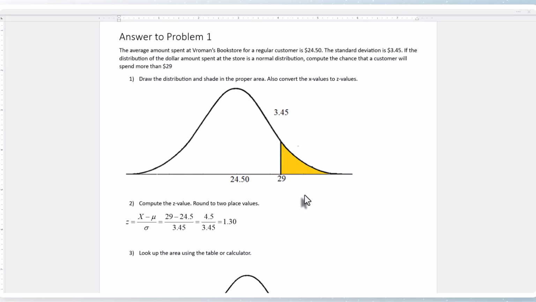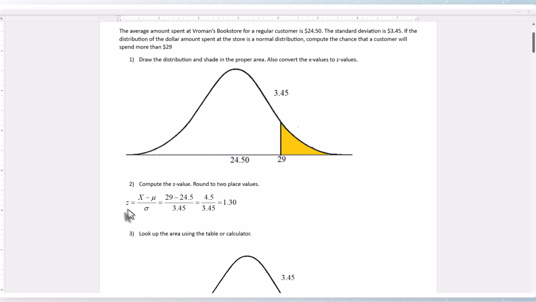Now the next step is we convert this to a z-value. So z is your data value minus the mean divided by the standard deviation. The data value is 29 minus the mean, 24.50, divided by the standard deviation.